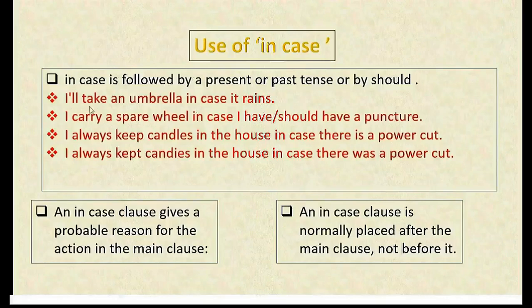Let's see the first example. I will take an umbrella in case it rains. So I will take an umbrella because it may rain. That is, this is the probable reason, and for this reason I will take an umbrella.